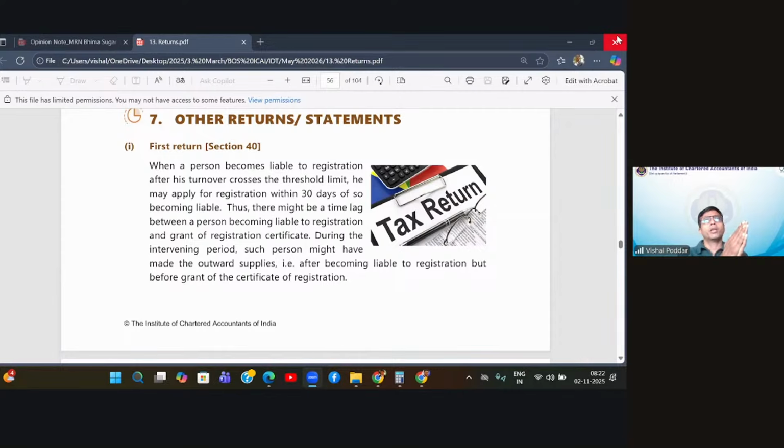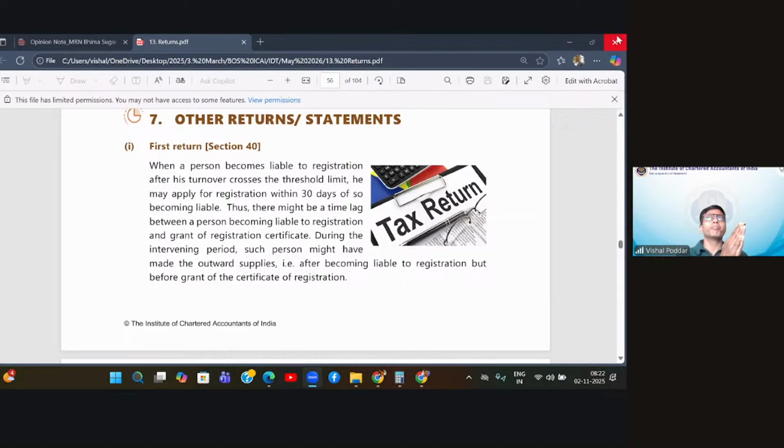Now, in the previous chapter of invoices, there is a concept of revised tax invoice. What is revised tax invoice? Again, a clarification. Under GST law, you are not allowed to change an invoice, a debit note, or a credit note once it is prepared.